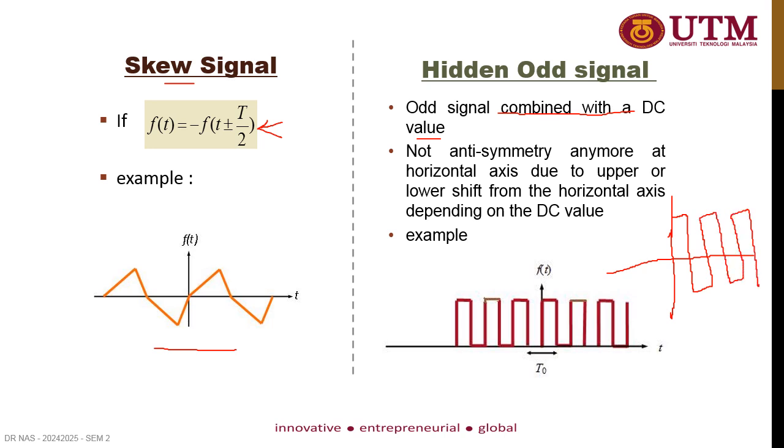When this signal is combined with a positive DC value, the signal becomes all positive. So you cannot see the negative part when the original signal is combined with the positive DC value. So the signal is now defined as a hidden odd signal.